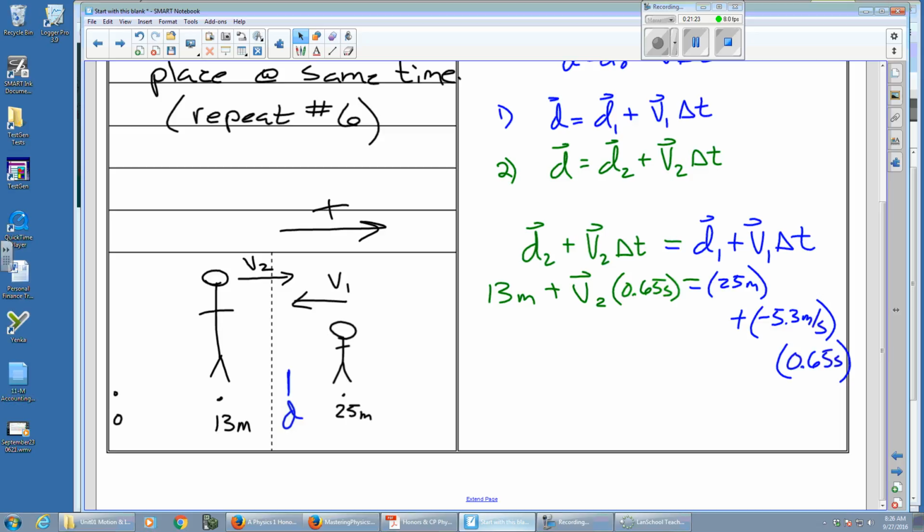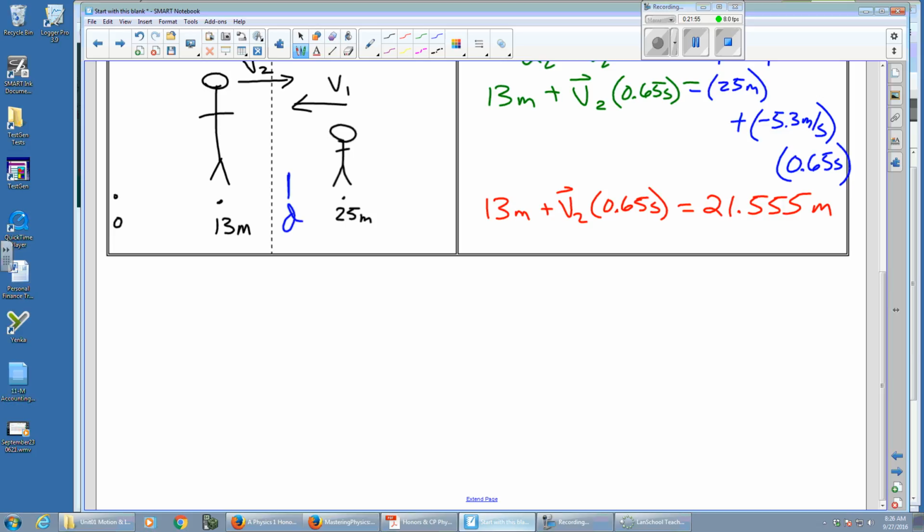So let's see. And just kind of simplifying, I get 13 meters plus V2 times 0.65 seconds equals 21.555 meters. Remember, I don't want to round in the middle.